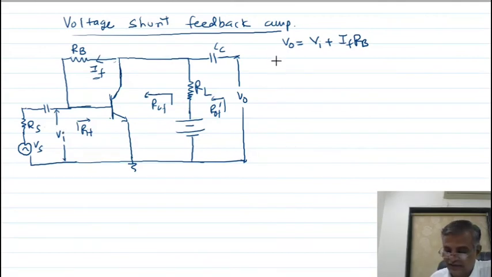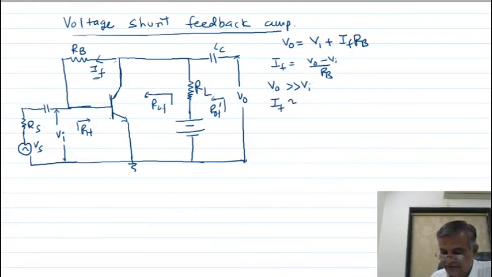So I can write IF is equal to (Vo minus Vi) upon RB. It's an amplifier circuit, so output voltage is larger than the input voltage. So I can write IF is nearly equal to 1 upon RB into Vo.